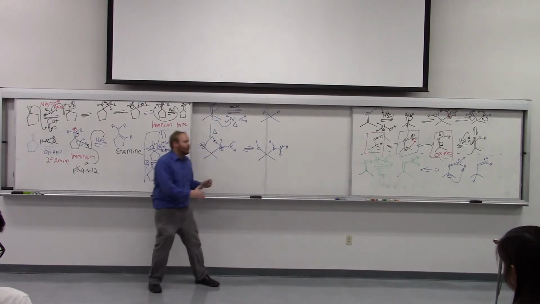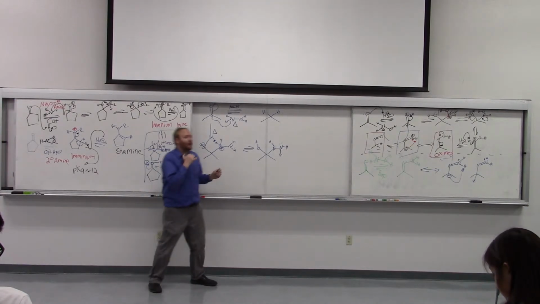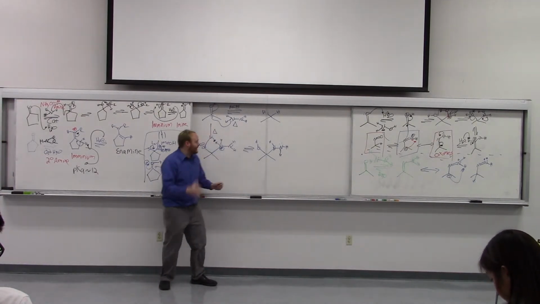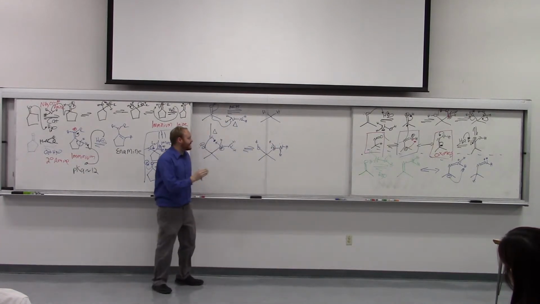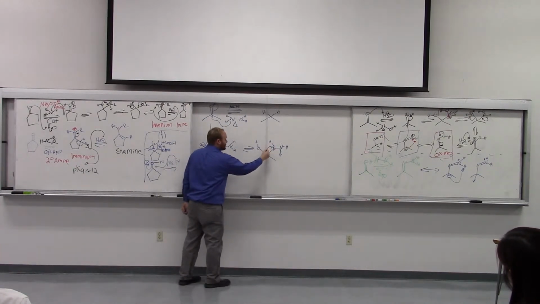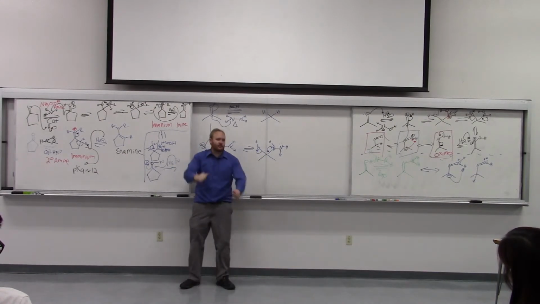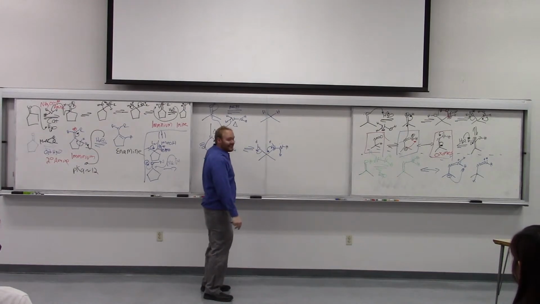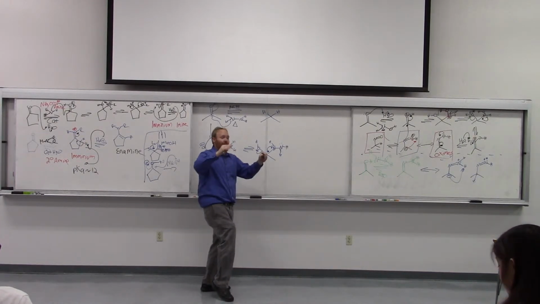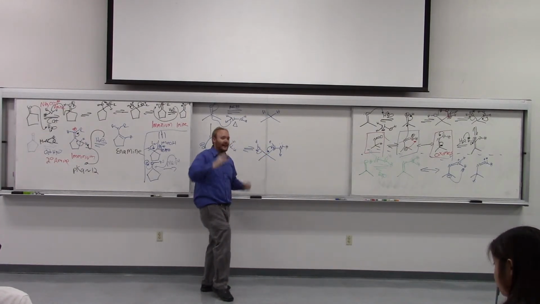But we're under basic conditions with tons of OH minus, and we're heated. Do you think the lone pair of electrons under these heat and basic conditions can kick off OH minus? Under heat and basic conditions where there's a ton of OH floating around, do you think it's reasonable to kick off OH minus? Sure, basic conditions. Again, we're heating it. And by heating it, I mean a big triangle, not a small triangle, a big triangle.